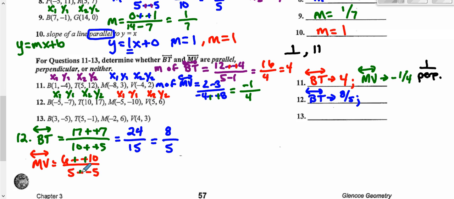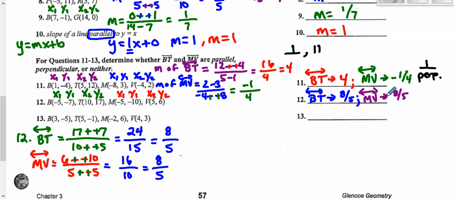So change those to pluses. So this time we get 16 over 10. Notice if we were to simplify this, 2 goes into 10 5 times and goes into 16 8 times. So we have the slope of MV this time is going to be 8/5.